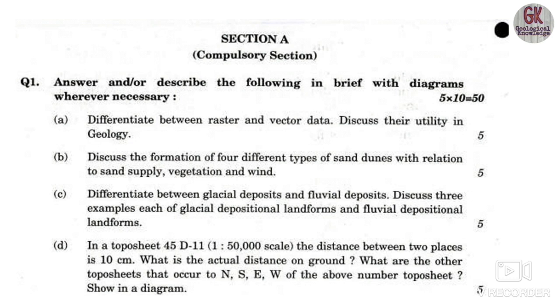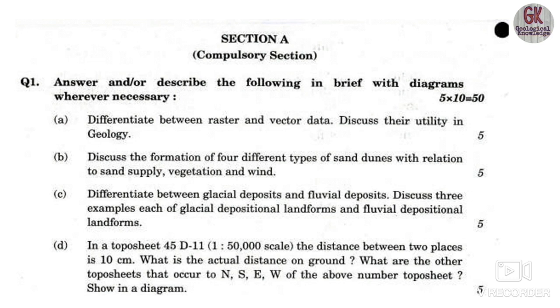Question number 1D: in a topo sheet 45D 11, the scale has also been given as 1:50,000, which we have already discussed when we were discussing the basics of geological mapping. That is the basic or general scale, 1 to 50,000.